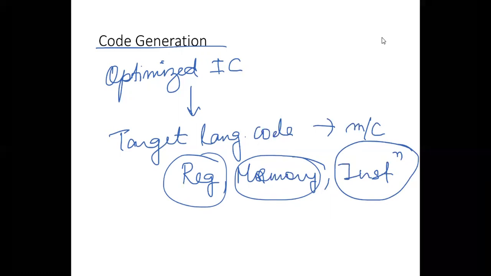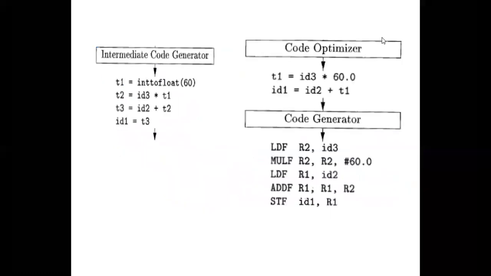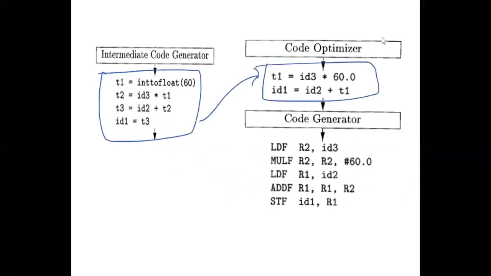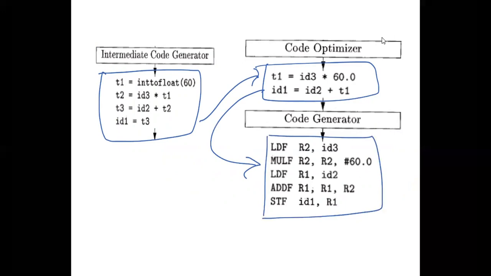So these were all the different phases of compilation. This diagram shows the intermediate code that we got. Then this was optimized, and we got this optimized code. From the optimized code, we now mapped it to the machine code for a specific machine.